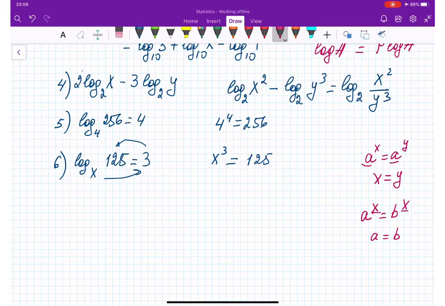So what I'm going to do in this case, I know 125 is 5 to power 3. So I'm writing down x cubed is equal 5 to power 3. How are you going to figure it out? Let's say I know that 125 is 5 to power 3. But if you don't know, you can look this way.